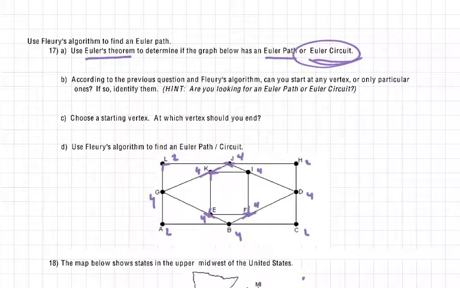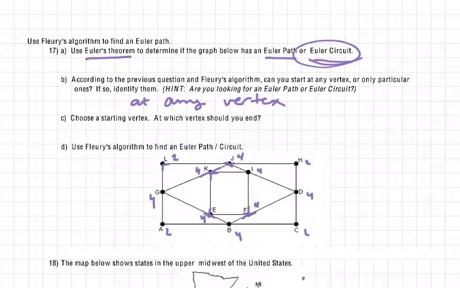So based on that information and Fleury's algorithm, it asks, can we start at any vertex or only a particular one? Because we have all even and no odd vertices, we can start at any vertex. Okay, so we're going to choose a starting vertex. At which vertex should you end?